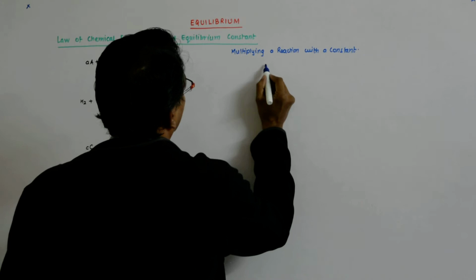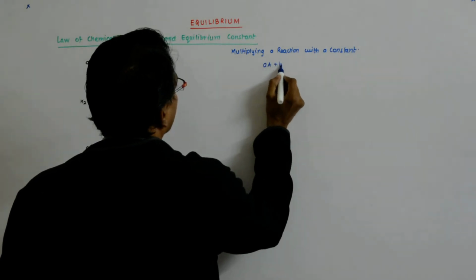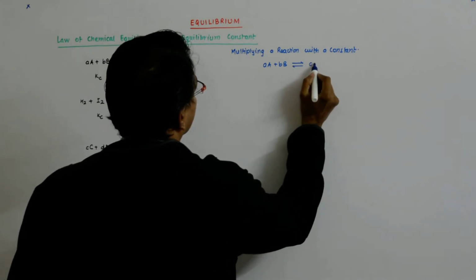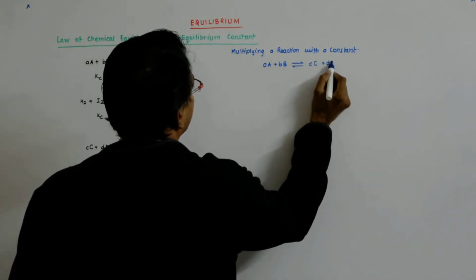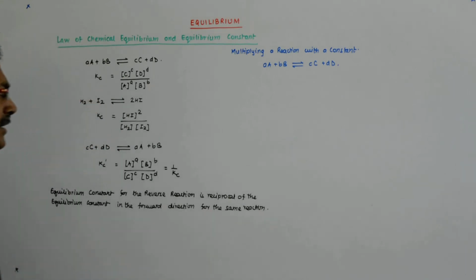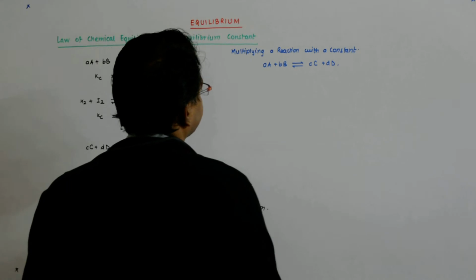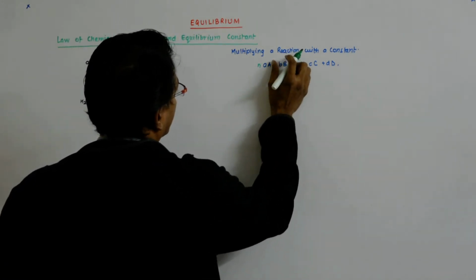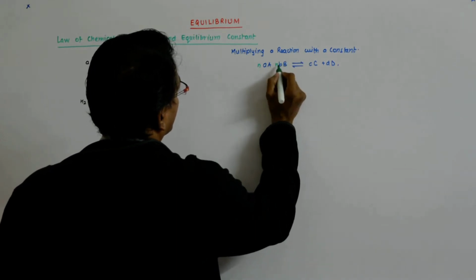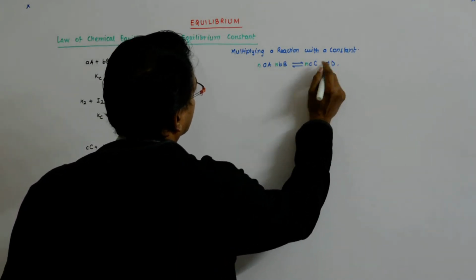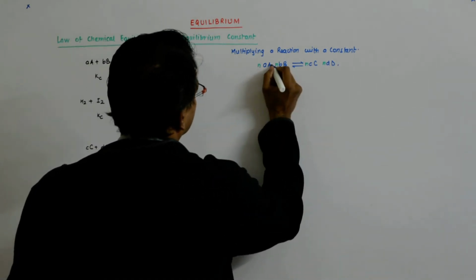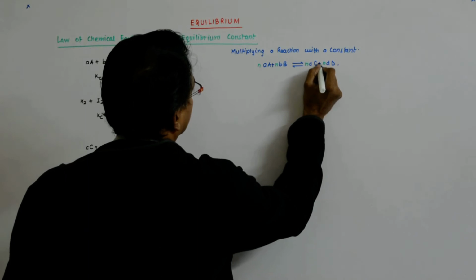Now, if I multiply both the sides by n, then this becomes n, this also becomes n, this becomes n, this becomes n. I'll put back the plus signs, right?